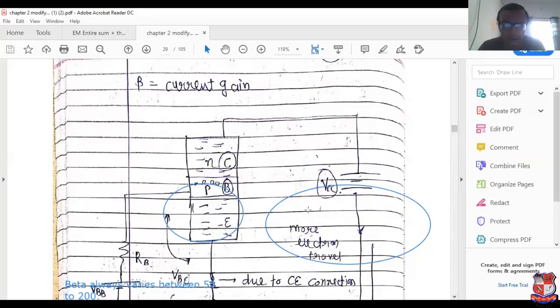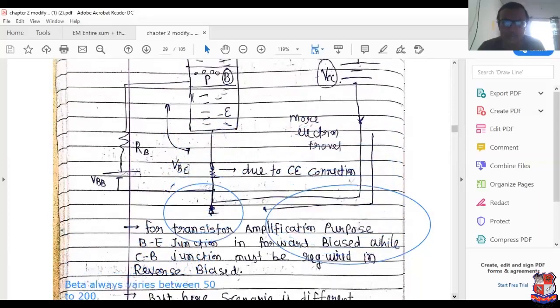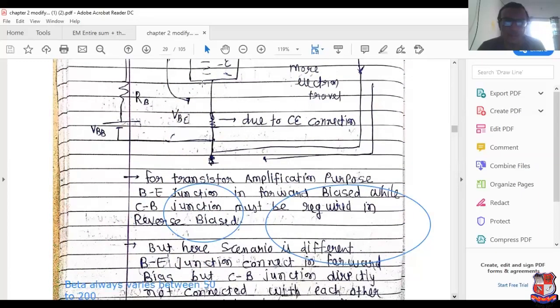Beta equals current gain. More electrons can travel, and all the electrons travel via the emitter only. For transistor amplification, the base-emitter junction must be in forward bias, while the collector-base junction must be in reverse bias.